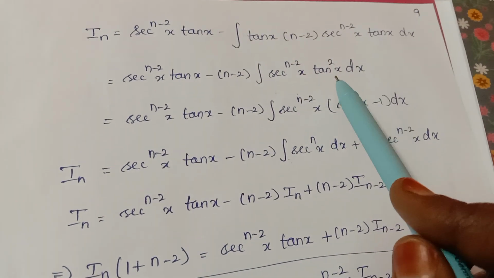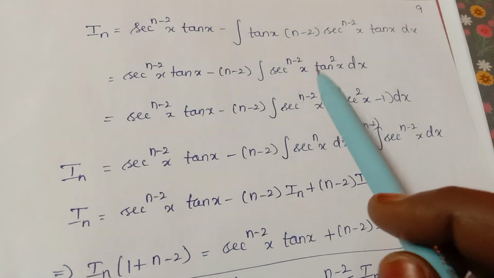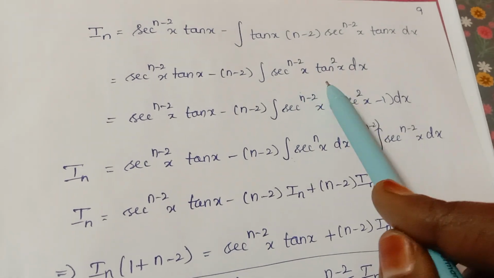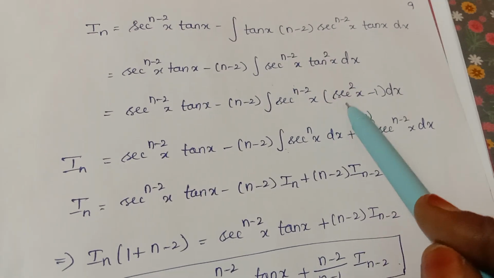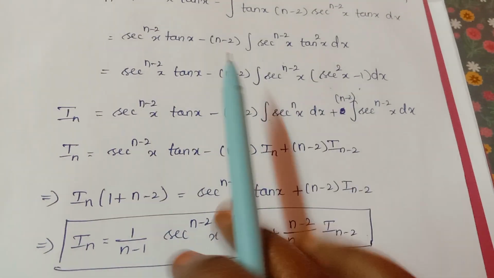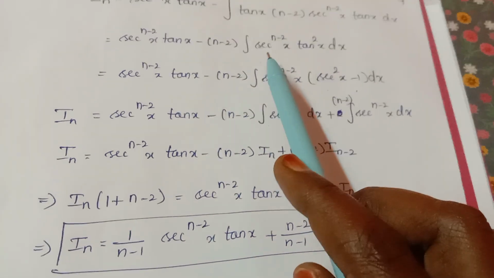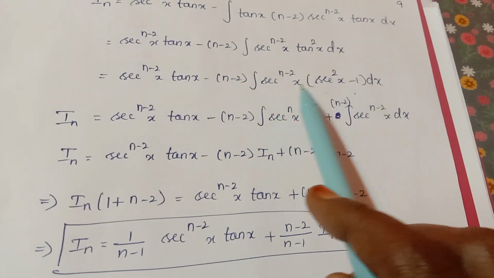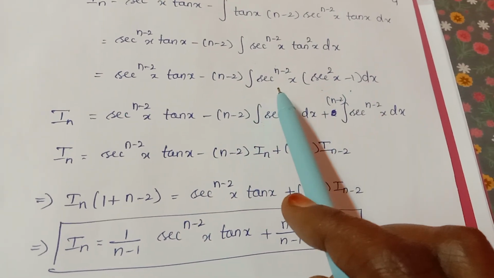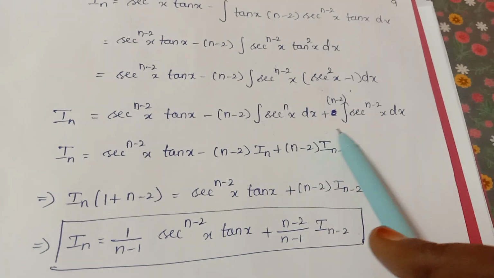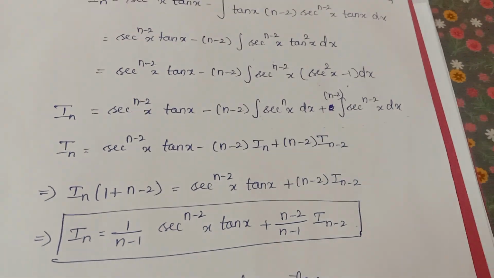Again, I told you, new terms you should avoid within the integral sign. So tan square x should be removed. For that I am writing it as secant square x minus 1. First term is same, so just don't bother about it. Simplify only this integral. Write tan square as secant square minus 1 and multiply inside. So secant power nx dx plus n minus 2 into secant power n minus 2x.